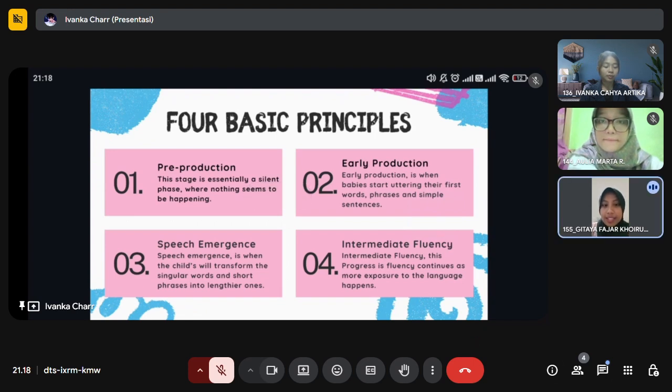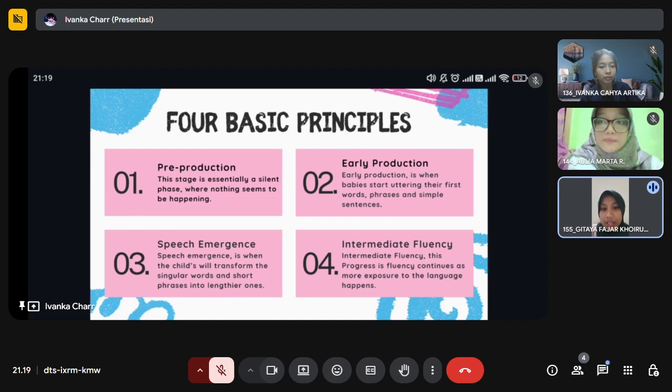And the next is four basic principles. The first stage is pre-production. This stage is essentially listening and reading some context clues. The next stage is early production, when babies start uttering their first words, phrases, and simple sentences.